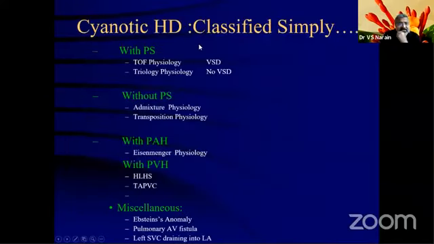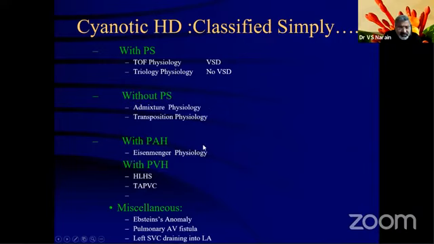So cyanotic heart disease can be classified. Everybody knows this classification, but there are certain points that we will emphasize. You have those without pulmonic stenosis and those with pulmonary stenosis. With pulmonary stenosis, you have TOF and you have trilogy. Without PS, you have the transposition physiology, and you have the admixture physiology, which we will discuss.